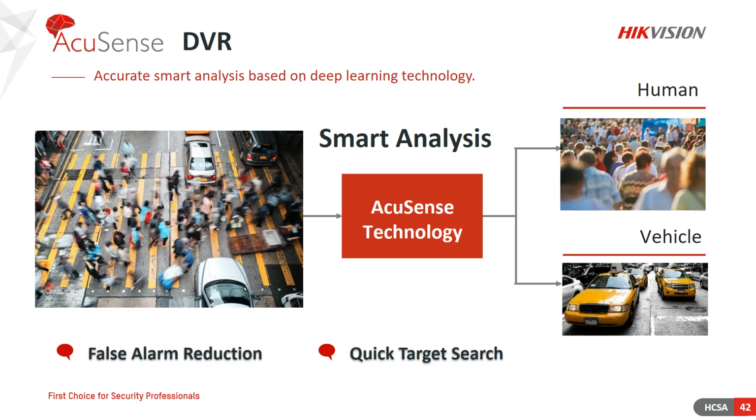So as we said before, AccuSense means the accurate sense, which means the DVR has a built-in deep learning algorithm. It is going to distinguish the objects, like judge if it is a human or a vehicle. If it is not a human or a vehicle, then it's something else, and we are not going to detect it.